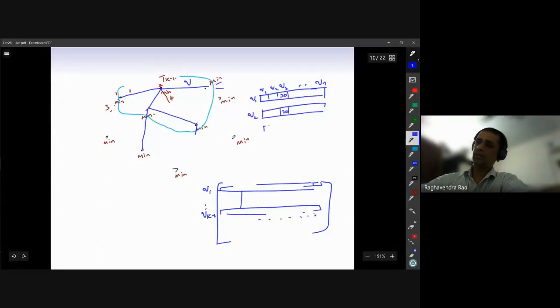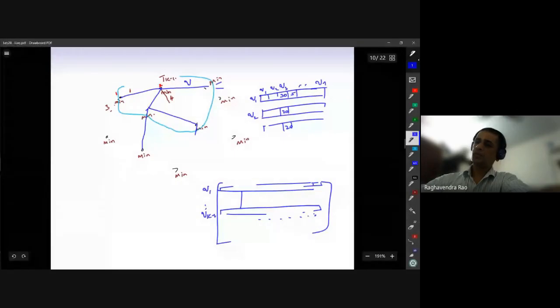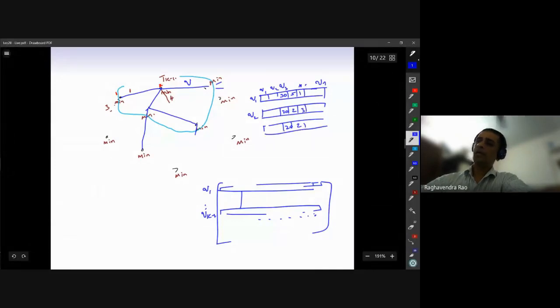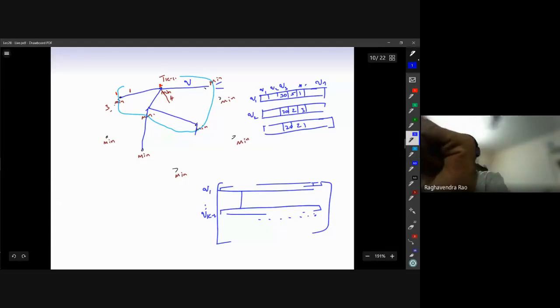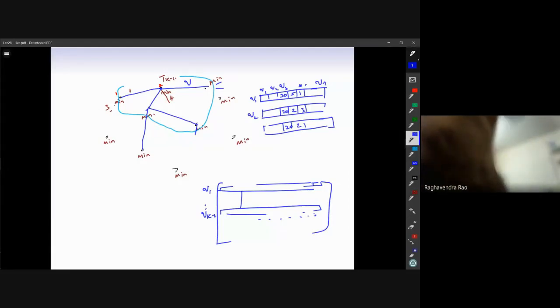So I'll just keep it as 20. To V4 there is a weight of 5 and a weight of 2. I'll keep 2. To V5, let's say there is 1 and there is 3. I'll keep 1. This way I'll merge these two vertices, keeping minimum weight edges.